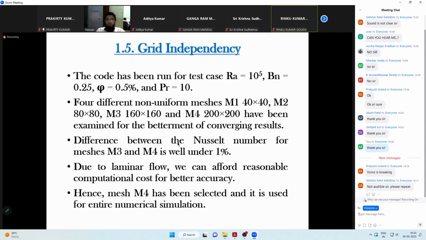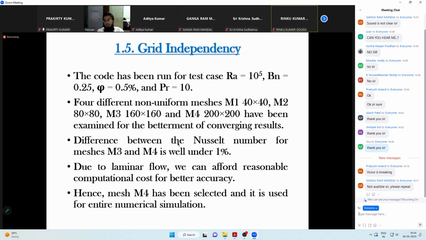Different uniform meshes were used: 40 by 40, 80 by 80, 160 by 160, 200 by 200. Those who have been involved in typical computational fluid dynamics and heat transport problems must be aware of this technique. Details can be found in typical CFD literature, maybe by Anderson or similar books. Finally, M3 and M4 were found to be quite similar to each other.